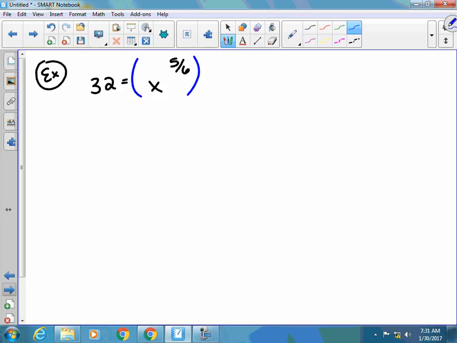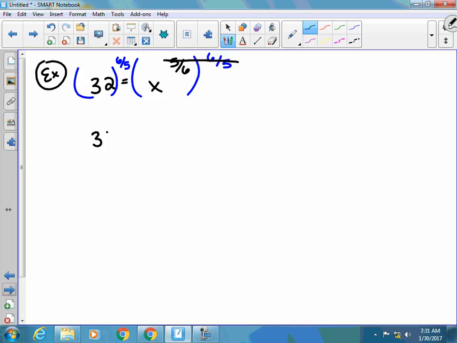So we need to multiply by the reciprocal. And the reason why is because that 6 times 5 and then this 5 times 6 would give me 30 over 30 to be reduced. So you have to then apply the power of the reciprocal to both sides, because this is going to cancel that exponent out for the x variable.